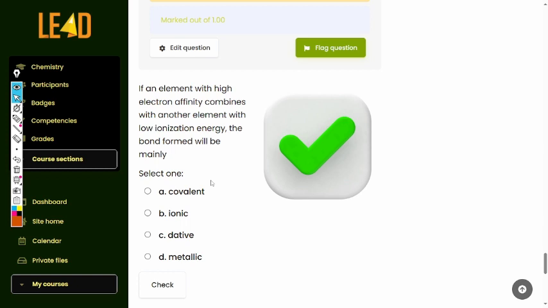The other one is an element with a low ionization energy. Elements with low ionization energy are found on the far left, and those are reactive metals because they can easily lose their electrons. It doesn't require a high amount of energy to get ionized. So the reaction we're having here is between a metal and a non-metal, and the kind of bond that forms between a metal and a non-metal is an ionic bond. So the answer is B.